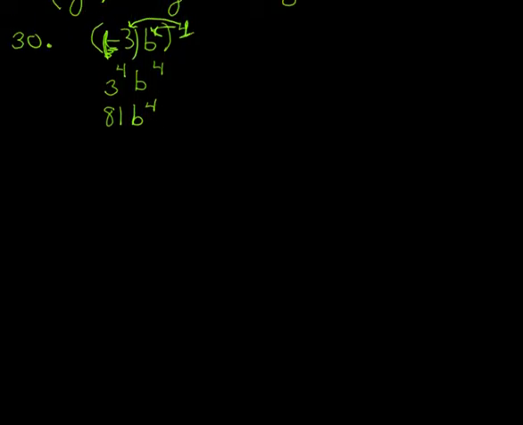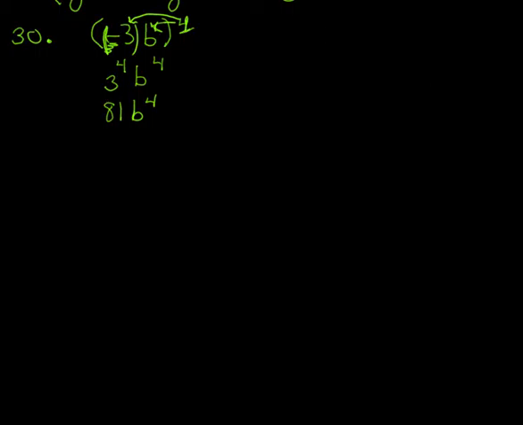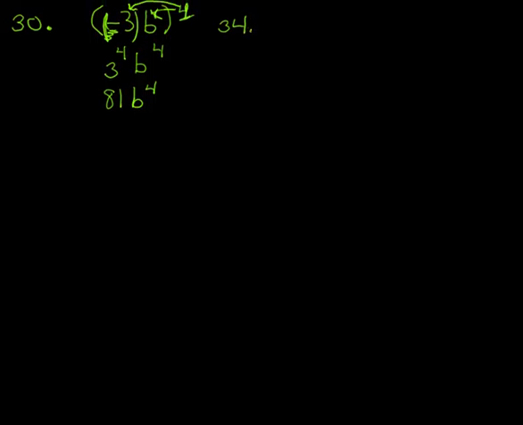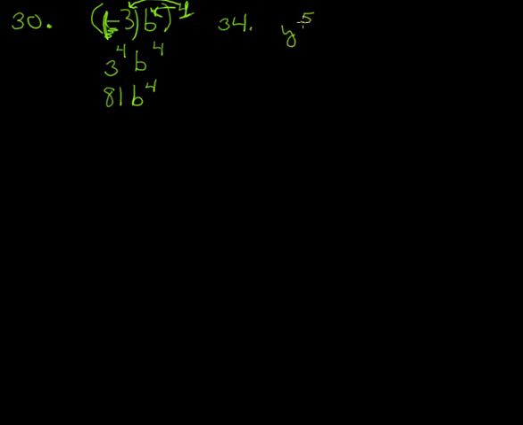All right, let's look at 34, where we get to play with some fractions, so exponents in the fractions. So 34. All right, so I have y to the fifth upstairs, x squared upstairs. Downstairs, we have y to the negative 2, x to the negative 5.